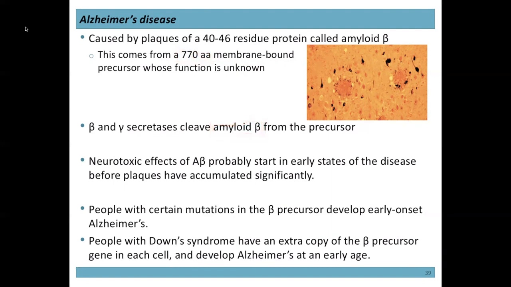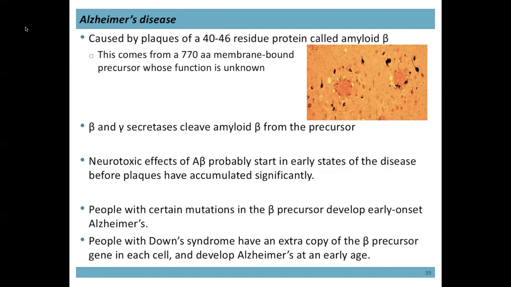I'm not sure what the full protein does, but these enzymes will cleave off a fraction and give you this amyloid beta, and then that amyloid beta can misfold and start to form these plaques. It's thought that the neurotoxic effects probably start in the early stages of the disease. You just really don't see it until they get advanced.